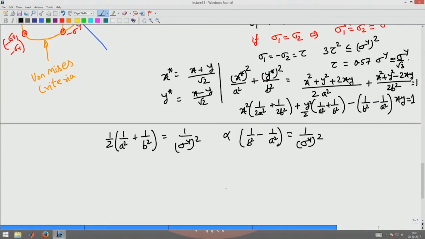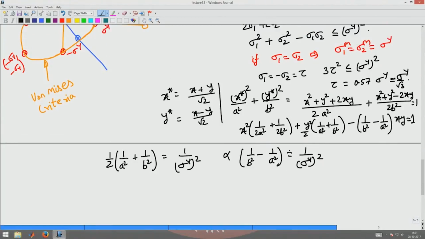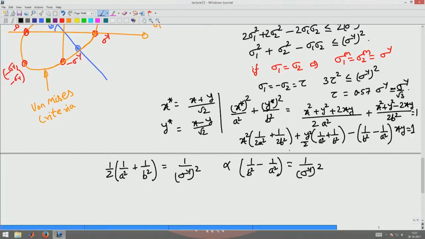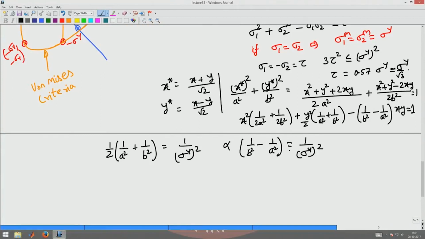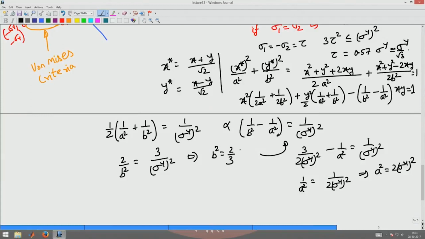So, we got these two equations by comparing the coefficients of x square, y square, xy with sigma 1 square, sigma 2 square and sigma 1 sigma 2. Okay. Now, let us add these two equations. 2 by b square should be equal to 2 by 3 by sigma y the whole square, right.